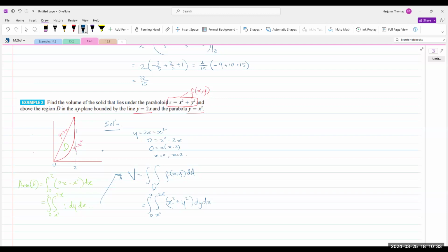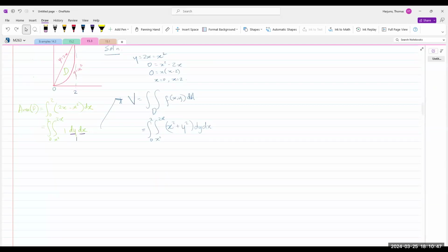Okay, notice that dy dx has something to do with this ordering. Okay, now let's go on. Anything from here is just calculus 1, right?